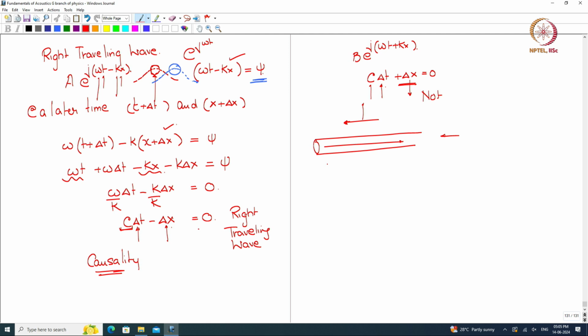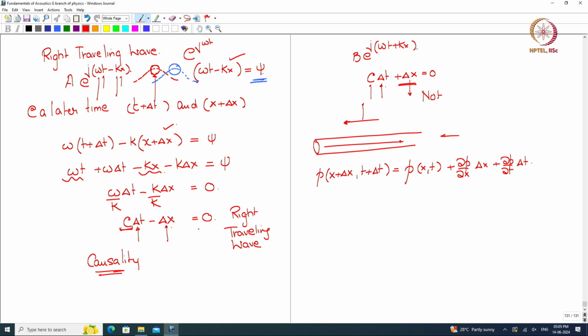Now to bring out the mathematics, we will say that the pressure at x plus delta x, t plus delta t is equal to the pressure at x, t plus del p by del x delta x plus del p by del t delta t.